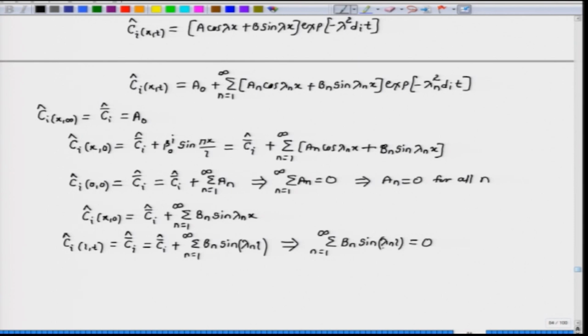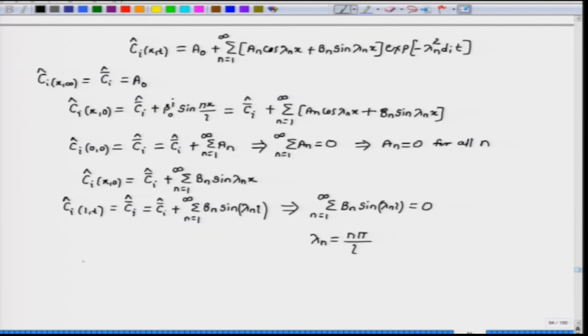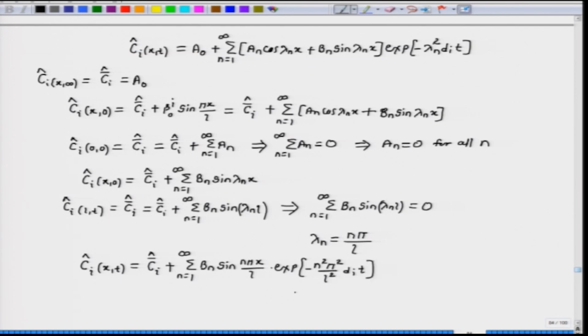Whenever lambda n is equal to n pi by L. So, we have lambda n is equal to n pi by L. So, C_i cap general at x and t will be given by C_i bar cap plus sigma n equal to 1 to infinity B n sin n pi x by L times exponential minus lambda square, which is minus n square pi square by L square D_i t.